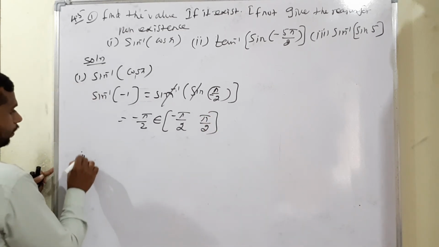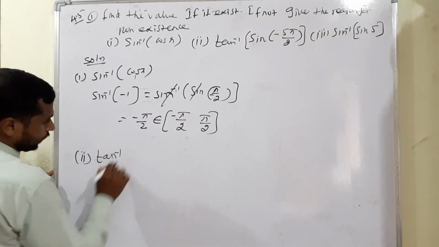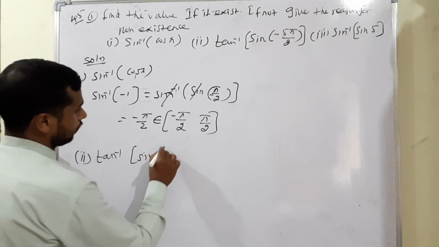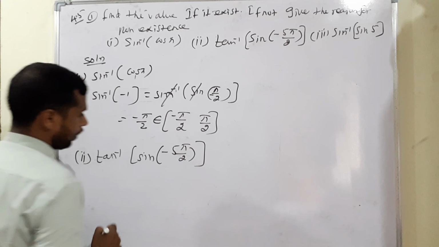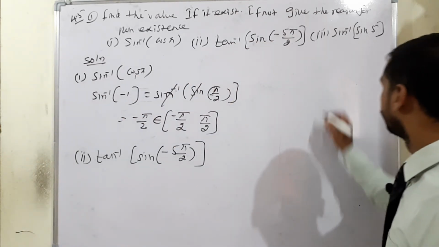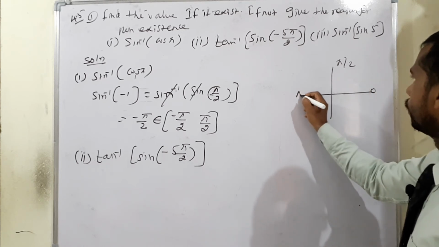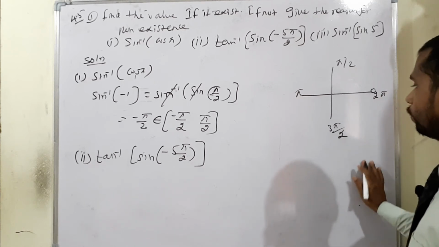Subdivision 1 is done. Moving to subdivision 2: tan inverse of sine of negative 5 pi by 2, isn't it? Already we know sine of minus theta is equal to minus sine theta. How? Look at the unit circle: 0, pi by 2, pi, 3 pi by 2, 2 pi, 4 pi, it's moving on.